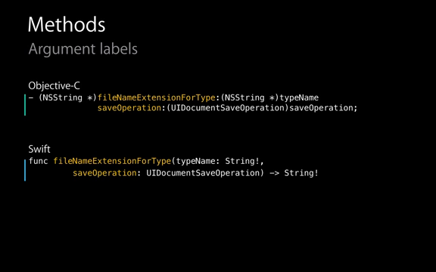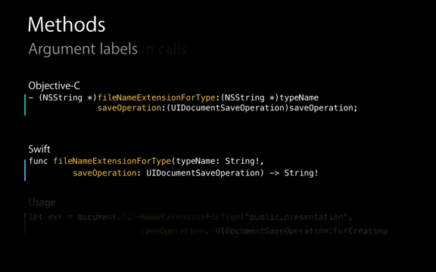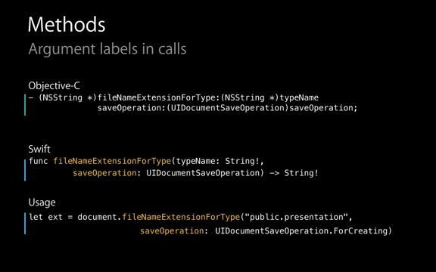The second selector piece, saveOperation, has become a label on the second argument. Really important thing here is that these labels and their order are enforced at the call site. So you must call it as fileNameExtensionForType, saveOperation, just like you do in Cocoa, with the exact same ordering. So we preserve that nice readability from Cocoa that we all know and love.